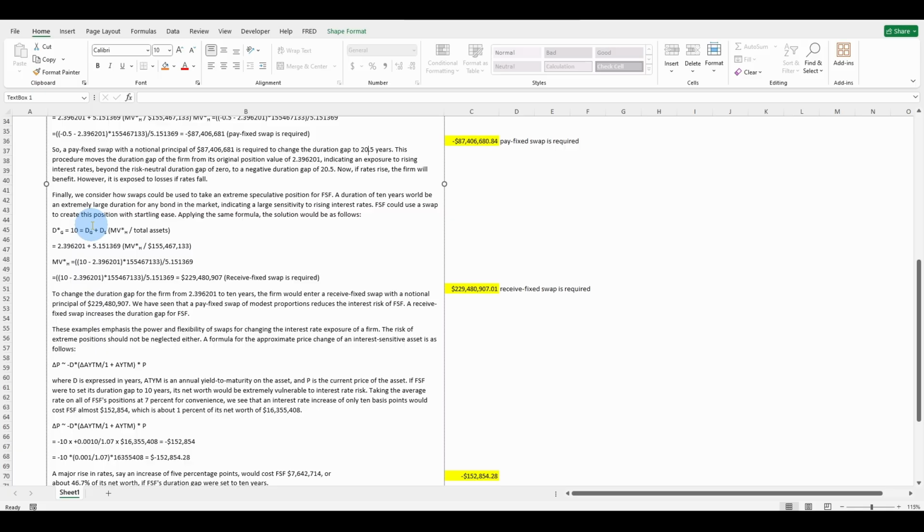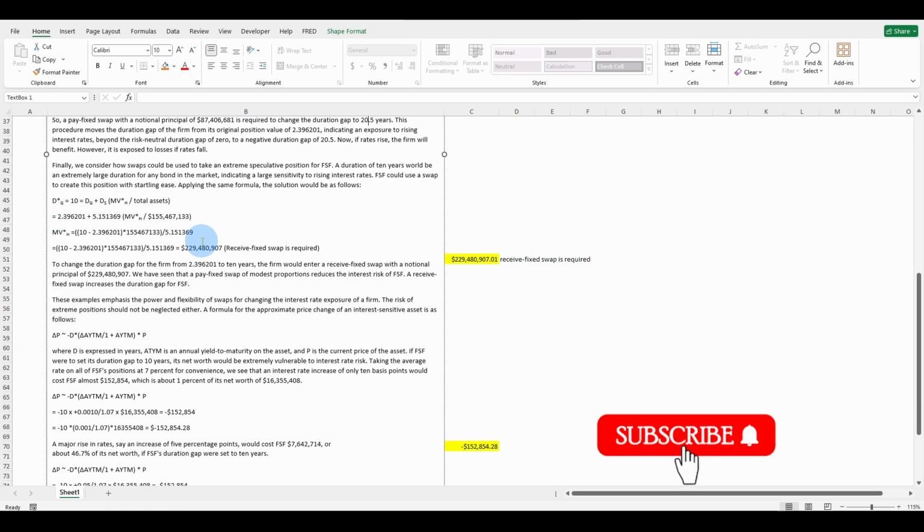Applying the same formula: D*G = 10 = 2.39 + 5.15 × MV_H / 155, so MV_H = (10 − 2.39) × 155 / 5.15, which gives you 229.